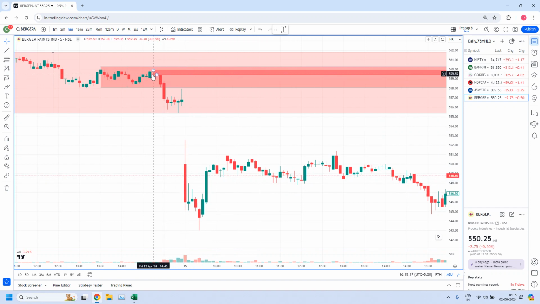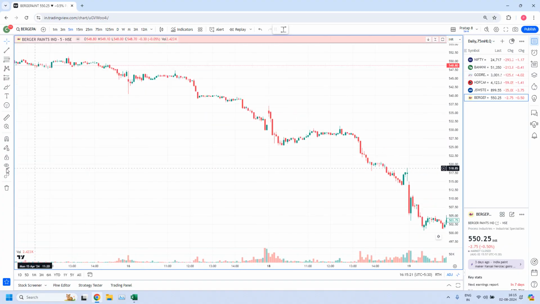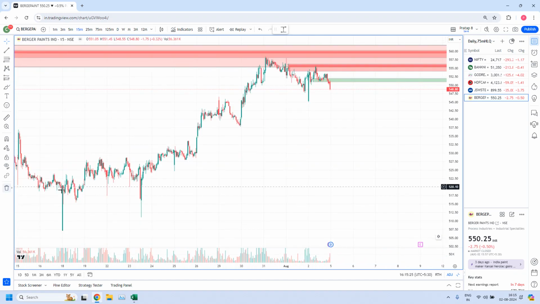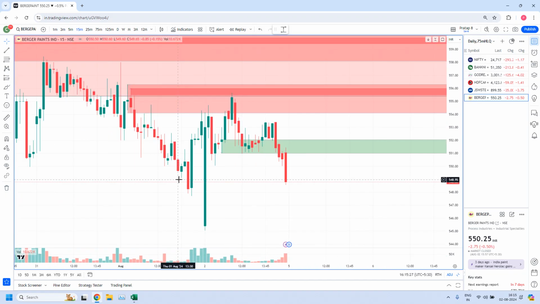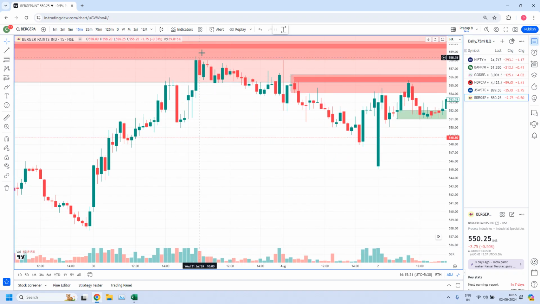So this is an excellent fine-tuned 5-minute zone. But in the recent period, what happened? Let me show you in the 15 minutes. Recently prices came very close to this fine-tuned area, but they didn't reach. So it is still a valid 5-minute zone.